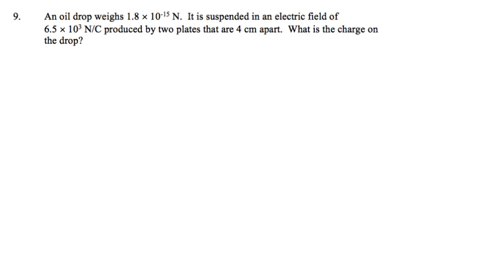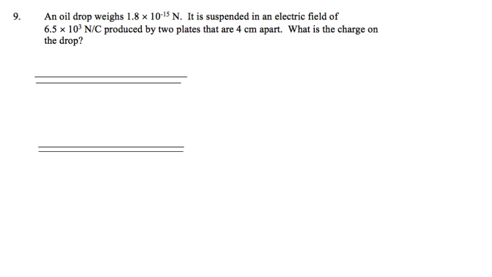So if I draw this, I have two plates. I've got a plate here, and then I have a plate here. What is being described here is the Millikan oil drop experiment. It's suspended in an electric field produced by two plates.